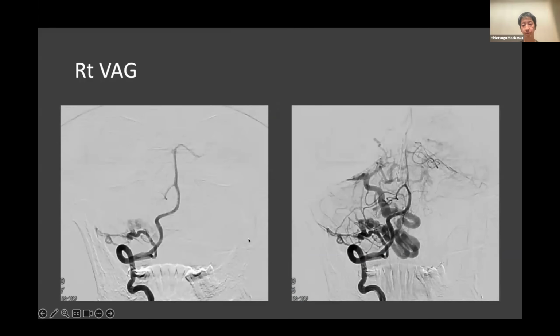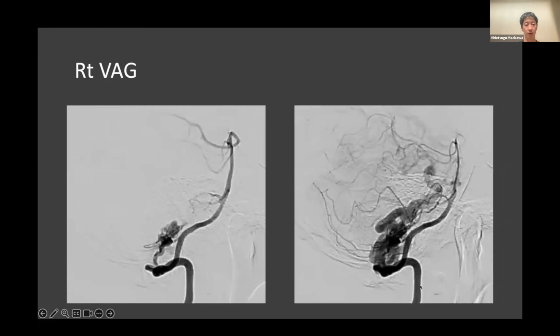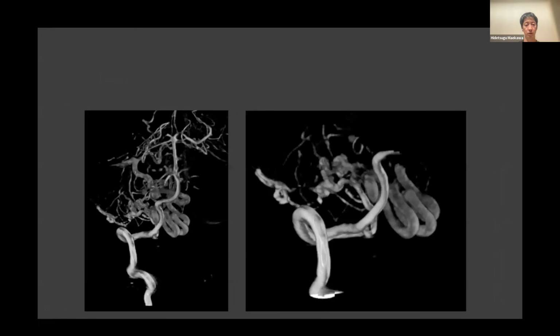And this is a right vert injection demonstrating the posterior meningeal artery supplying the shunt. And this is an early phase, and this is a later phase. And this is a lateral view. And this is a 3D image.